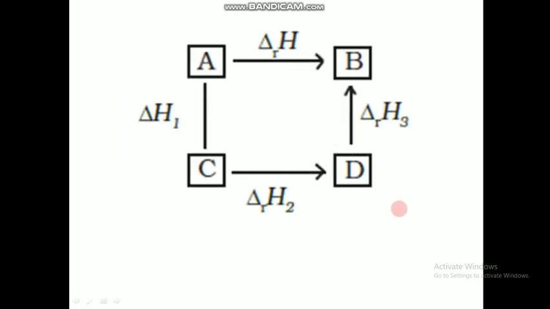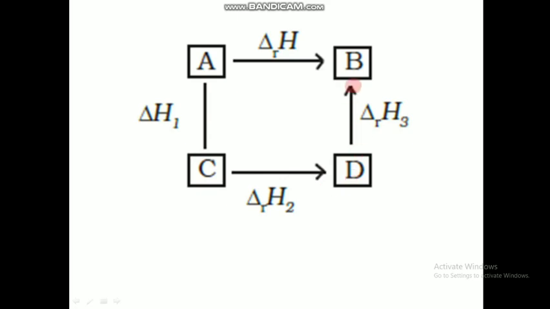And one more representation of Hess's law, this you need to write in your notebook, it's very important. So if A is giving B, the enthalpy of reaction is delta RH. So this value will be equal to the enthalpy of this reaction plus the enthalpy of this reaction plus the enthalpy of this reaction.